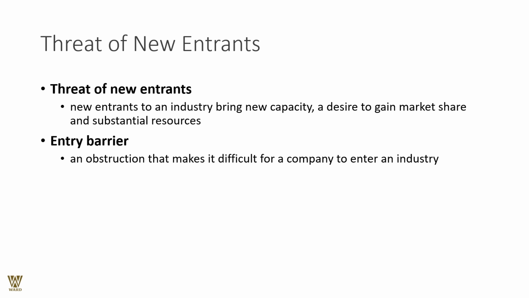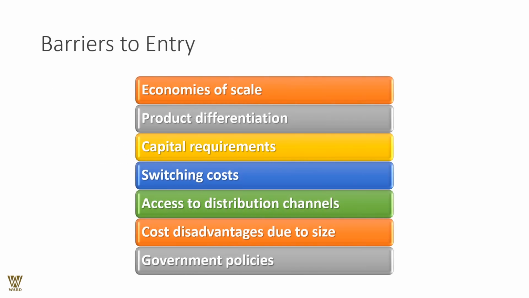Remember, this 500-bedded super specialty, almost a five-star hospitality hospital, will cost you a huge amount of money just to run. So yes, the barriers to entry are economies of scale, the investment we are talking about, product differentiation, capital requirement, switching cost, access to the distribution channel, cost disadvantages just because of size, and government policies.